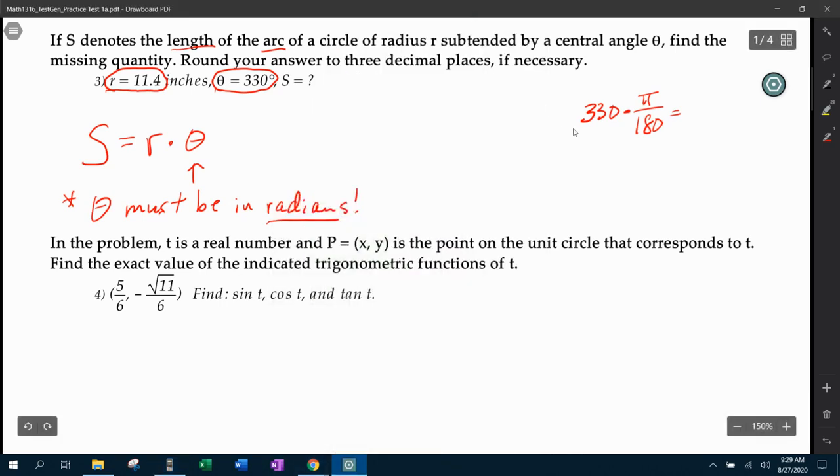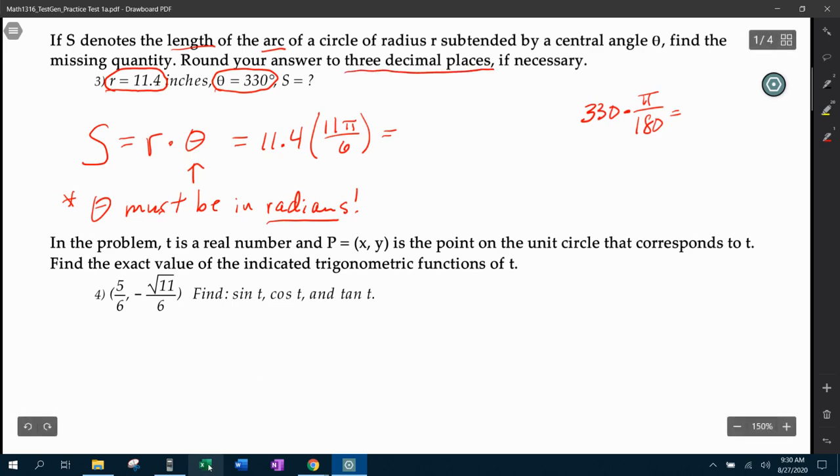So now we can plug into the arc length formula. The radius is 11.4. 11 pi over 6 is the angle in radians. And then we need to calculate this value out to 3 decimal places.